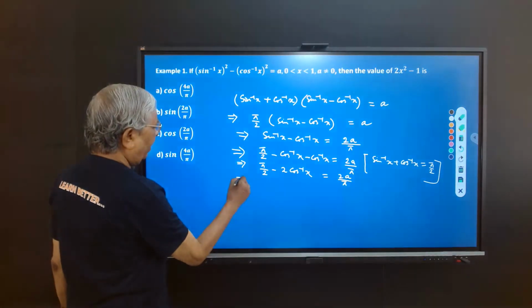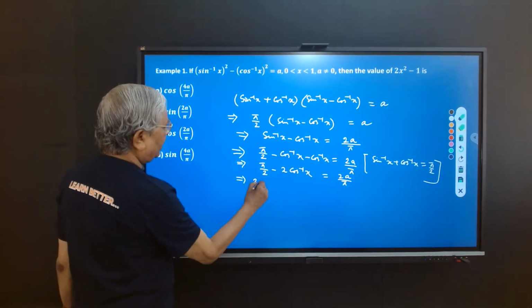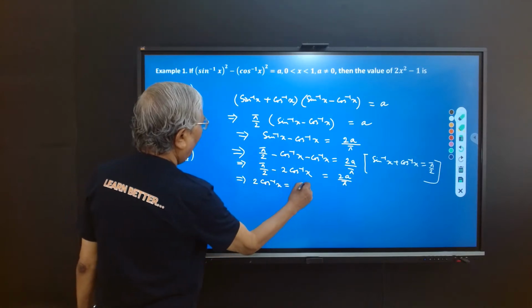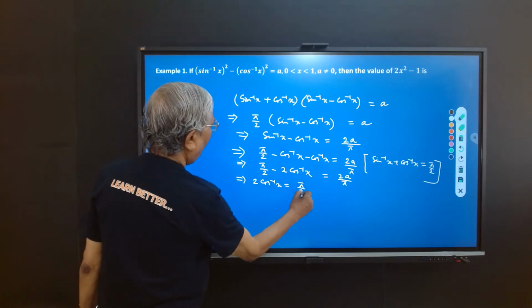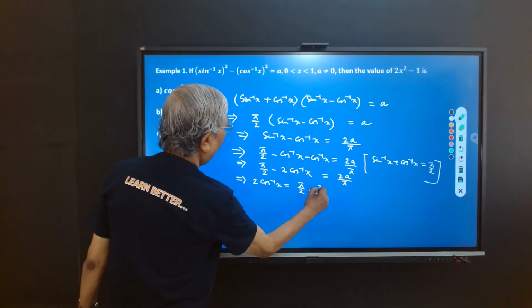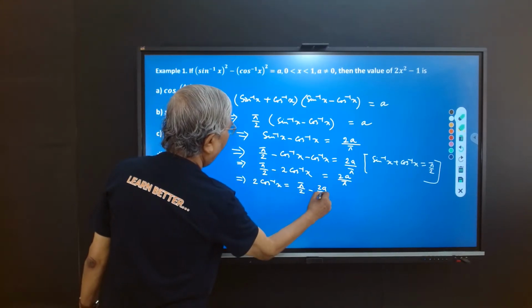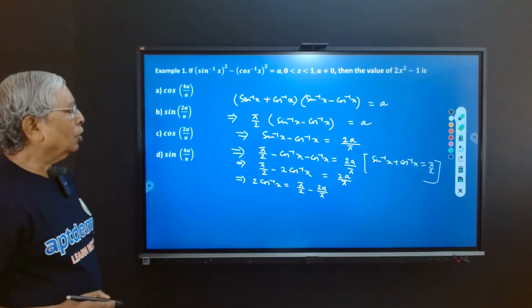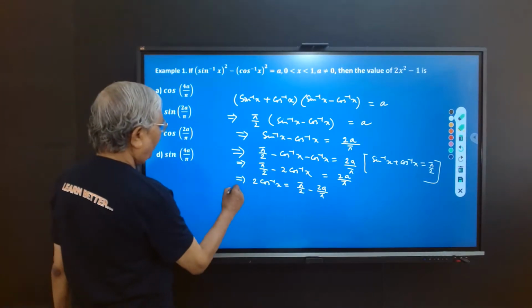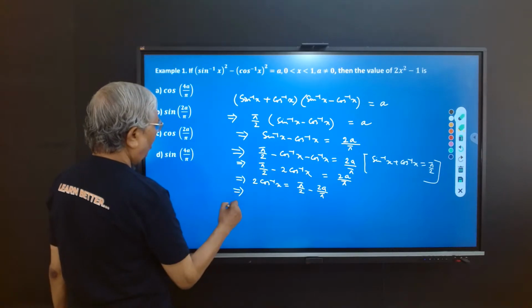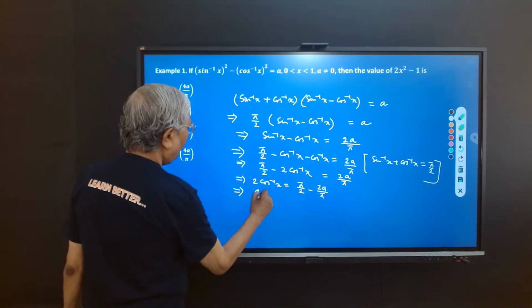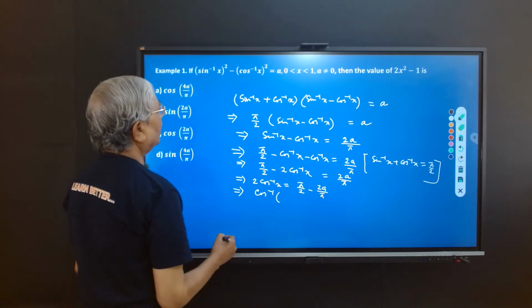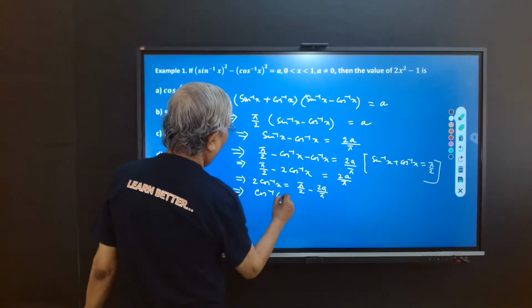This will imply 2 cos inverse x equals pi by 2 minus 2a by pi. Now what is our 2 cos inverse x? This is our cos inverse of 2x squared minus 1.